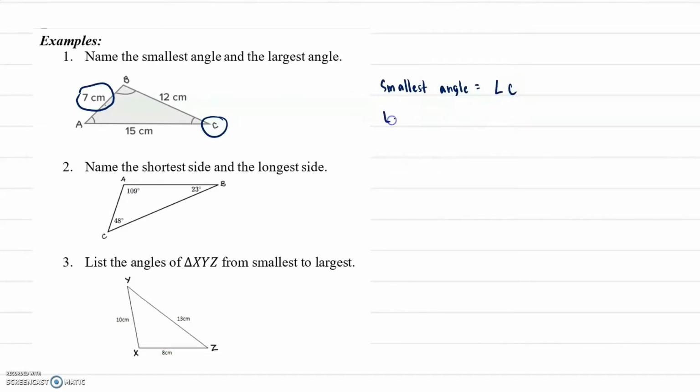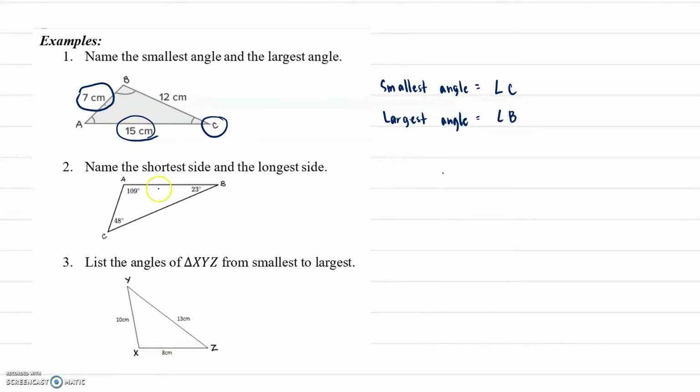And the largest angle is the angle opposite the longest side. Here the longest side is side AC, which measures 15 centimeters, so its opposite angle is angle B. So the largest angle is angle B.